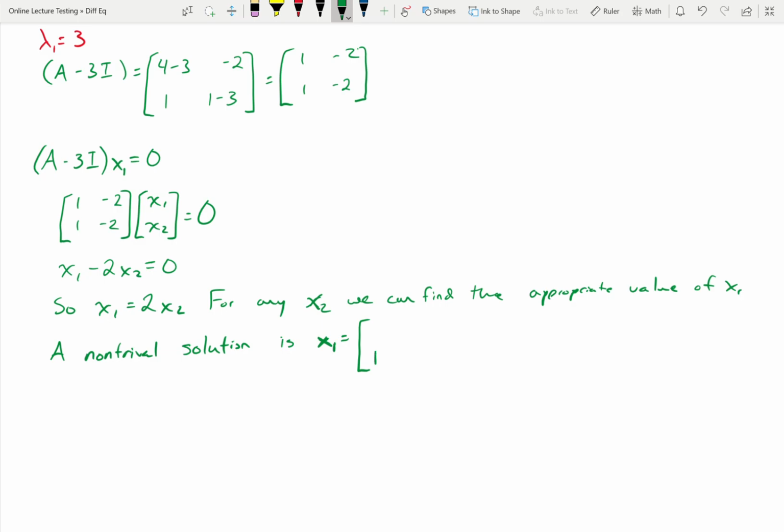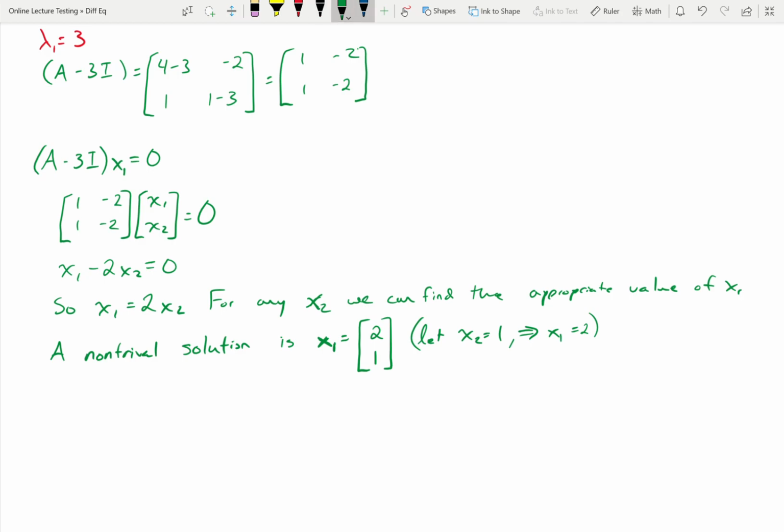If I plug in 1 for x2, that means x1 has to be equal to 2. So we let here x2 equal 1, which implies x1 is equal to 2. So that's where that's coming from.